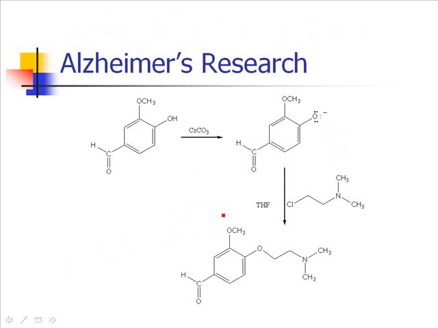Here's an example of a synthesis from the research that I do with the Alzheimer's Institute here on campus. We take this starting material, which is a phenol called vanillin, and we pull a proton off the OH group to generate O-.